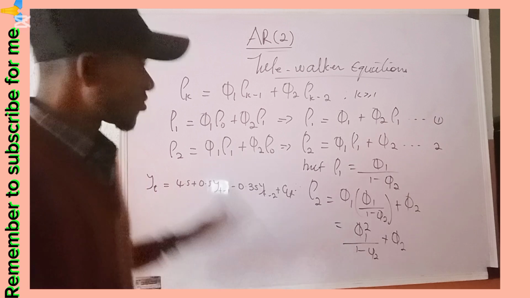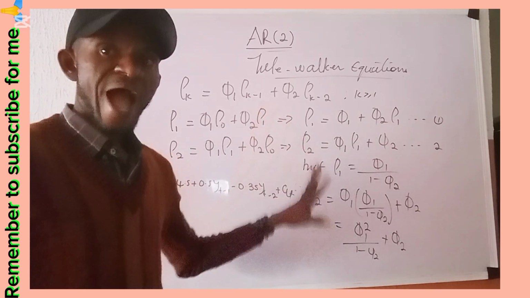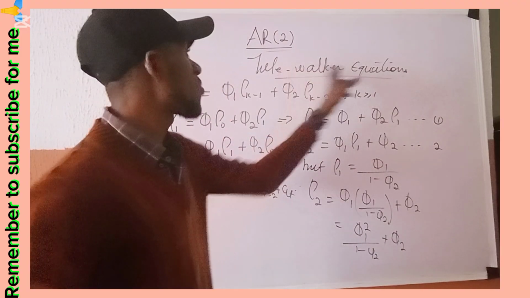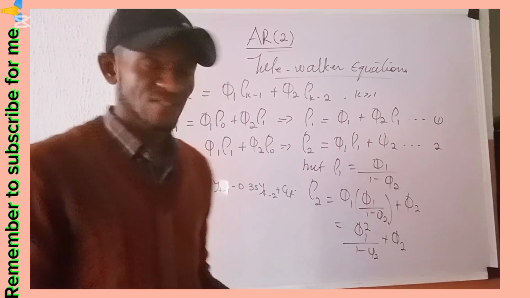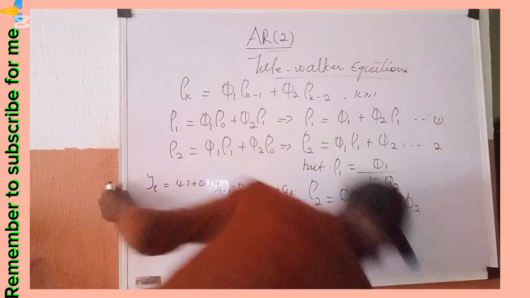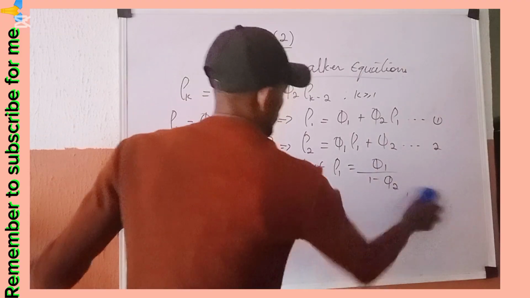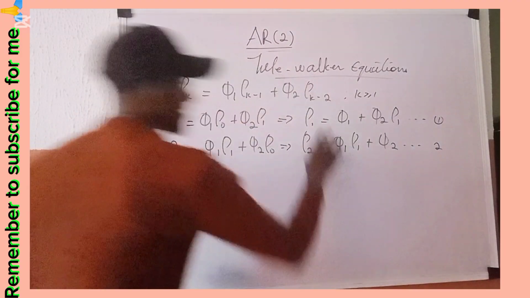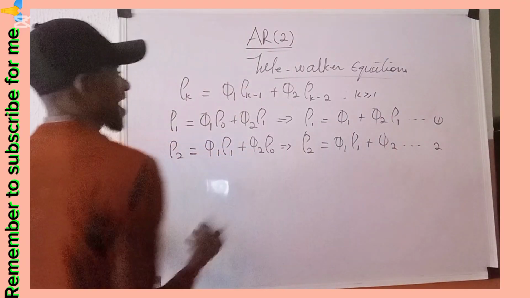Okay? So permit me now to clean here and show you how at times these two equations, which we call the Yule-Walker equations, can be expressed in the form of a matrix. So you can easily come to this particular place now, and you have something like this.